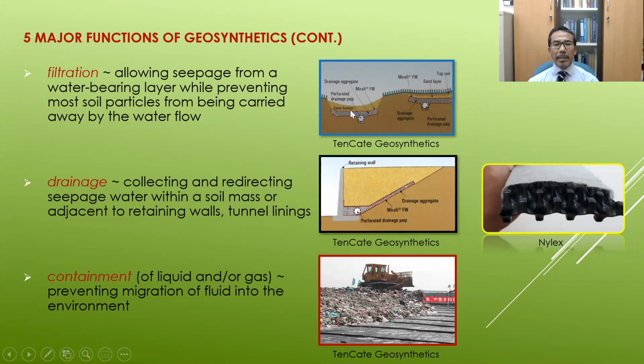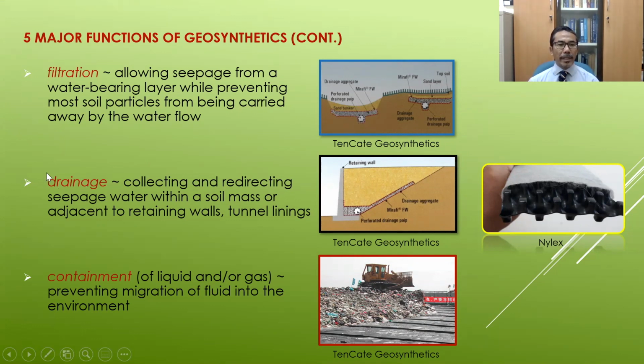These geosynthetic materials allow water to flow through and go into this gravel layer and into the piping system. But at the same time, this geosynthetic sheet prevents sand particles or soil particles from being carried by the water into this gravel layer. Okay? That is the function of geosynthetic as filtration.